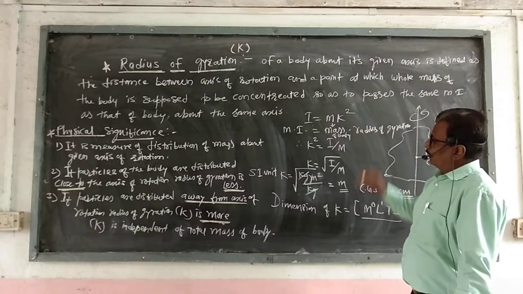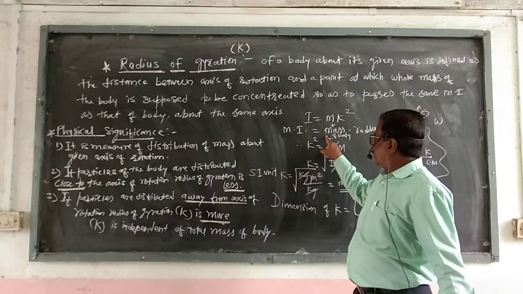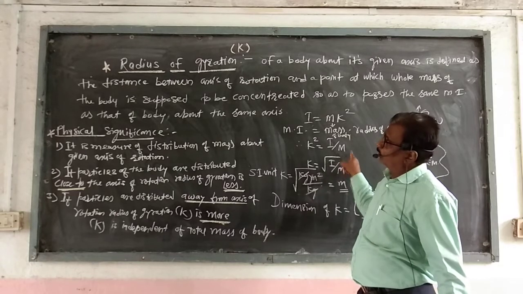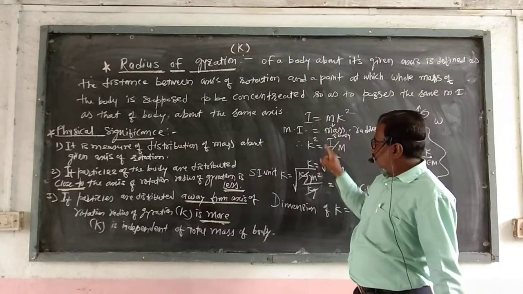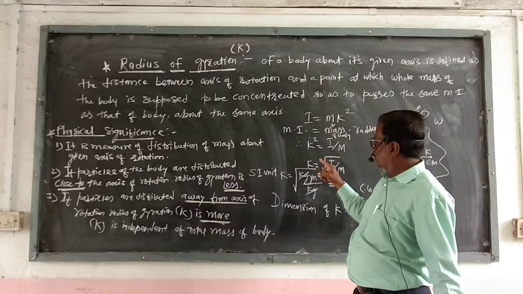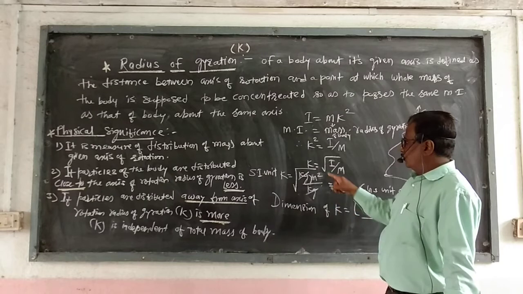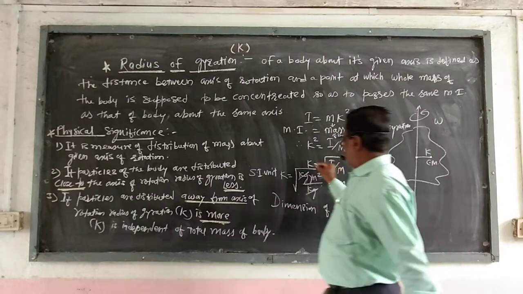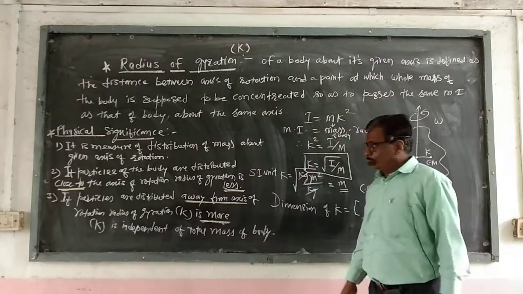From that equation we can write K squared equal to I divided by M, but we have to find the formula for the radius of gyration, that is for K. To calculate the value of K, take the square root on both sides, we get K equal to under root of I upon M. So that is the formula for radius of gyration.